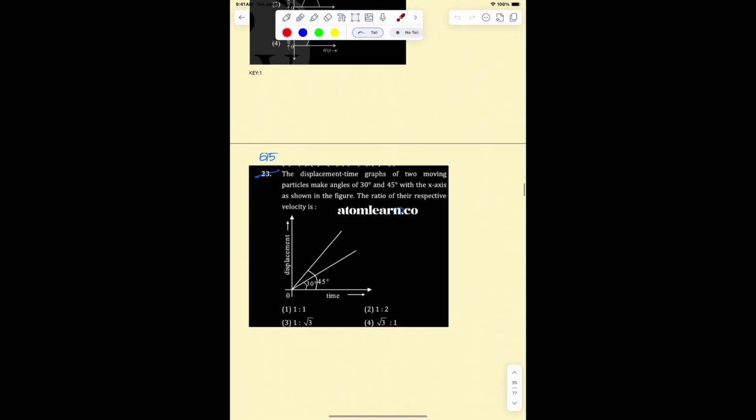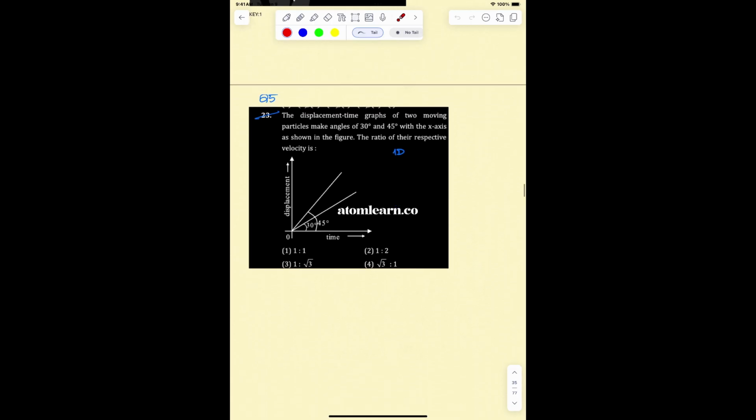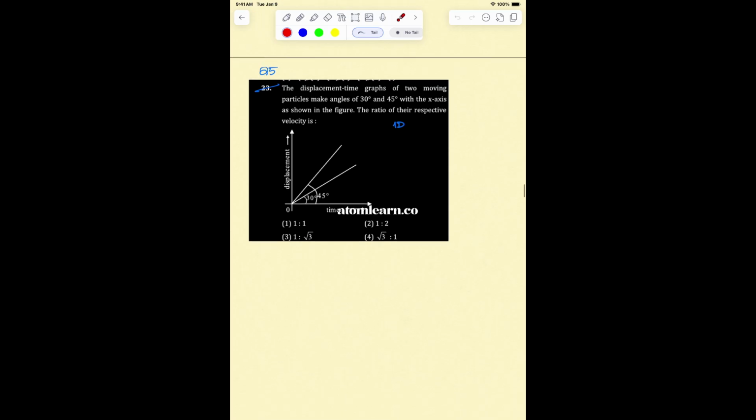Okay. Next question. The displacement-time graphs of two moving particles make angles of 30 degrees and 45 degrees with the x-axis as shown in the figure. The ratio of the respective velocities is? Now, two particles. This is displacement versus time, that is s versus t.